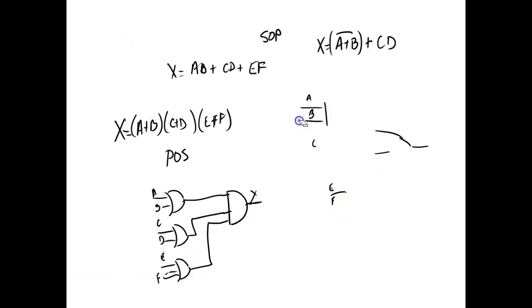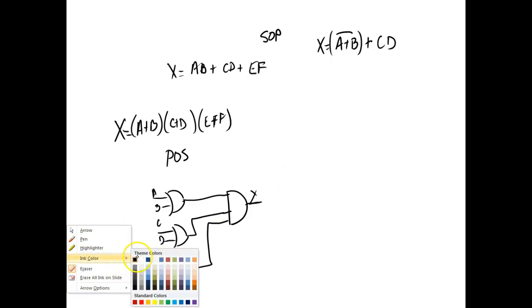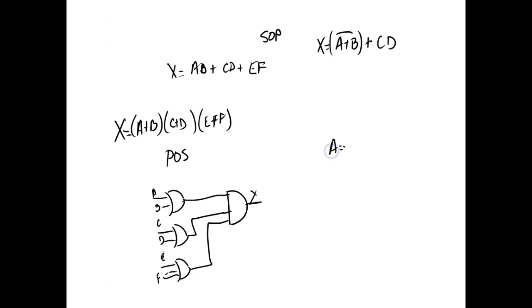Let's make something up. Let's say A is equal to 1, B is equal to 0, C is equal to 1, and D is equal to 0. So what would the output be?